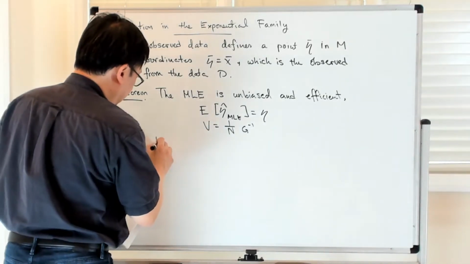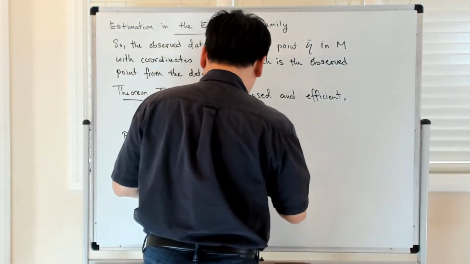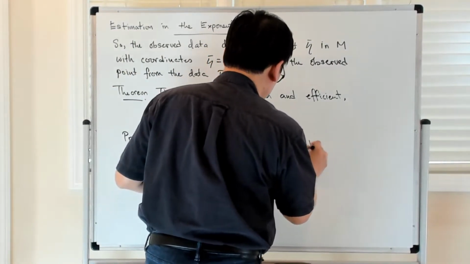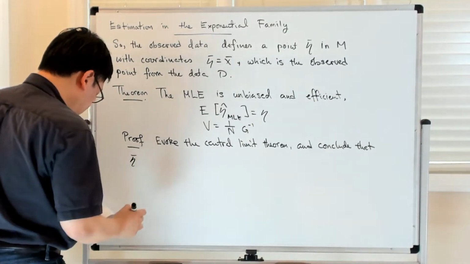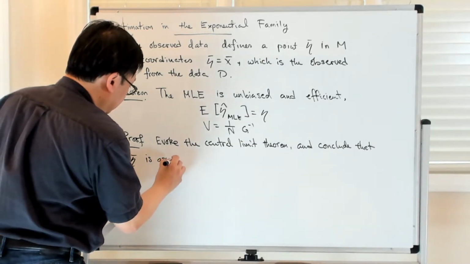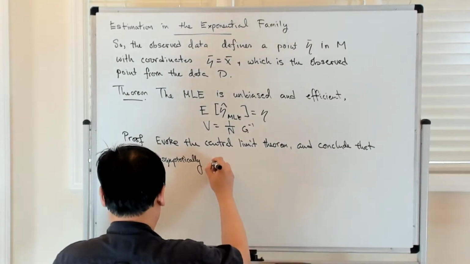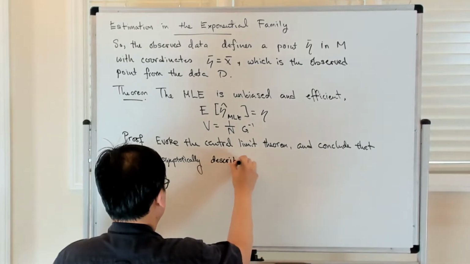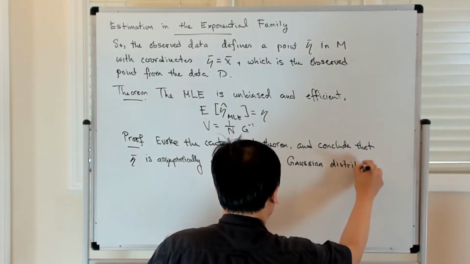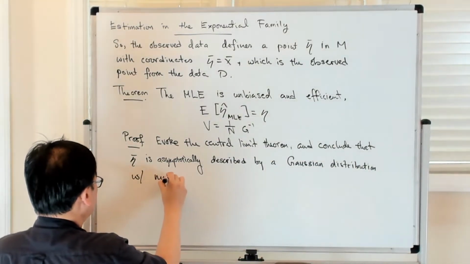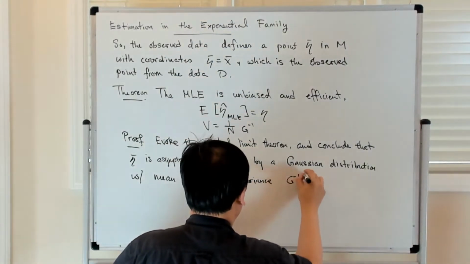Basically, you invoke the central limit theorem and conclude that eta bar is asymptotically described by a Gaussian distribution with mean eta and covariance matrix G inverse divided by n.